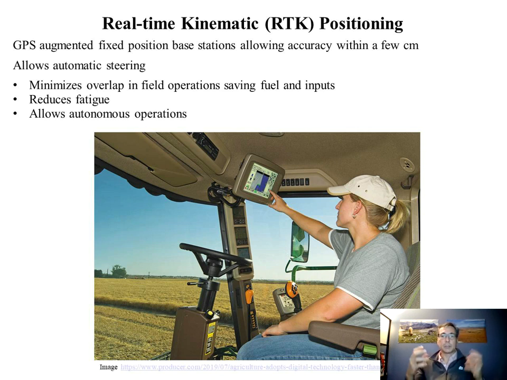Essentially this guidance system is using satellite GPS systems coupled with ground-based stations to refine the data so that you have very, very precise control over your positioning within a field. And we're talking about within a few centimeters.